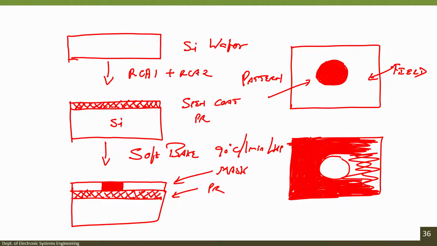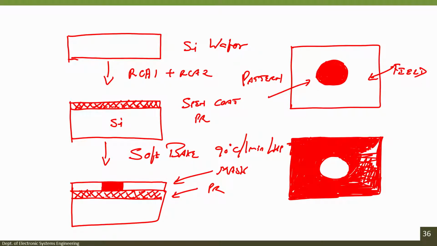In this case, everywhere I am drawing with red shade is chrome. We are talking about chrome masks. Masks are made of different materials: one is called a chrome mask, another is called an Fe2O3 mask. This red color is actually chrome.